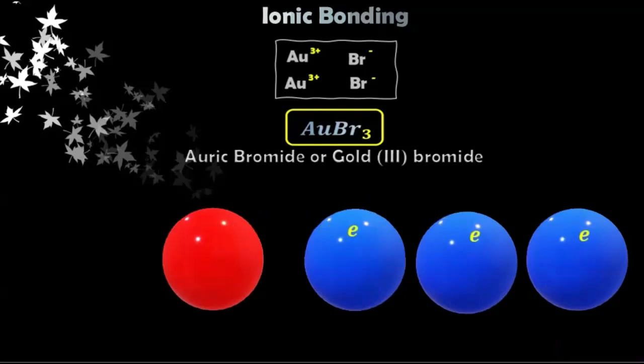So that's the illustration of the electrons transferred from cation to anion. So mulang gihapon the same ra, 3 ang na-release, ang na-lose nga electrons ni auric, and 1 ang na-receive nga electrons ni bromine. 1 electron per atom.